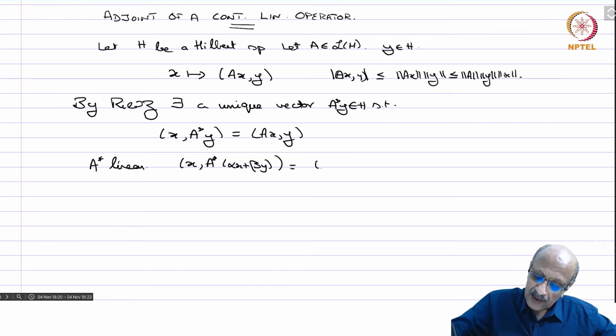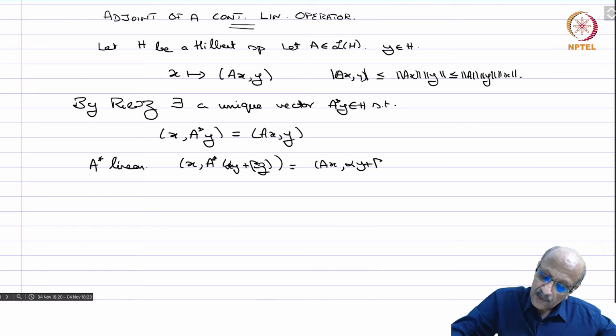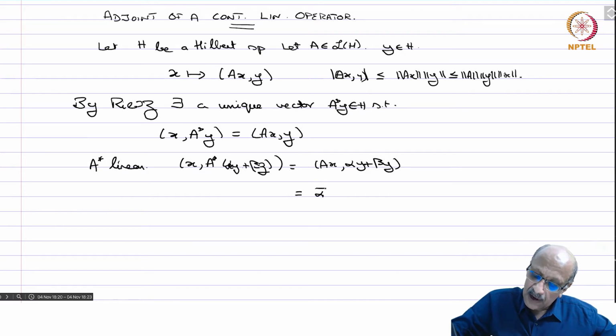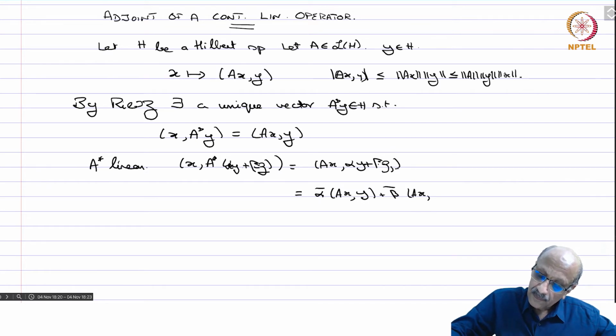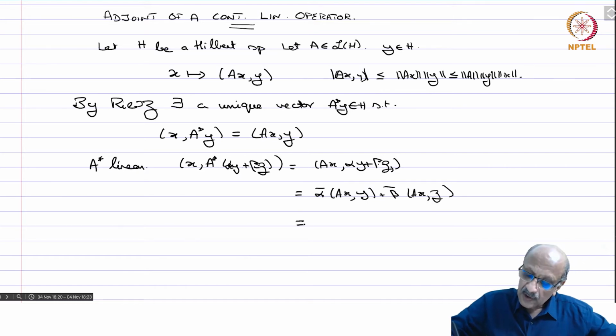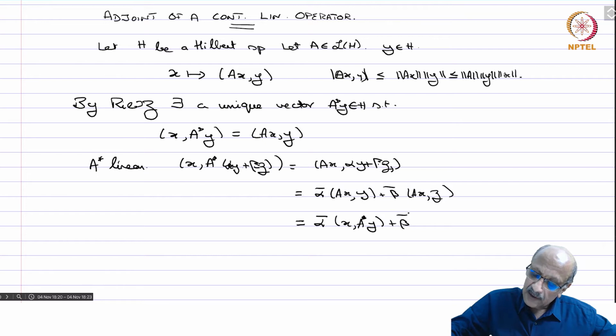This is equal to <Ax, alpha y + beta z>, that is <Ax, alpha y + beta z>, which equals alpha bar <Ax, y> plus beta bar <Ax, z>, which by definition is alpha bar <x, A star y> plus beta bar <x, A star z>, and that's equal to <x, alpha A star y + beta A star z>.